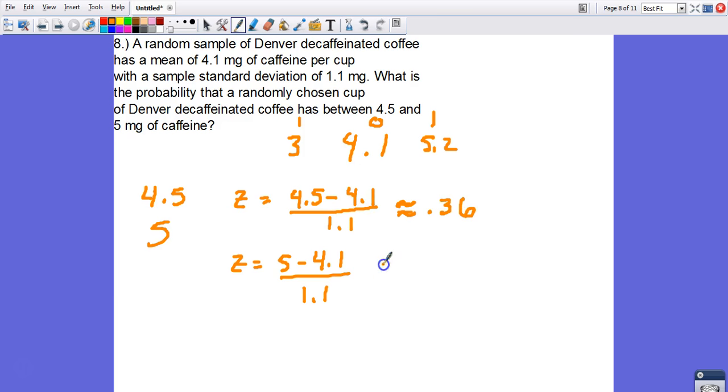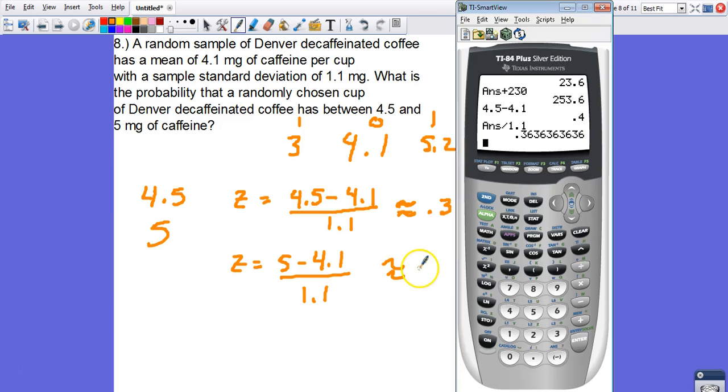Okay, and then this answer is going to be, let's see, we'll call this 5 instead. Then divided by 1.1, 0.82.